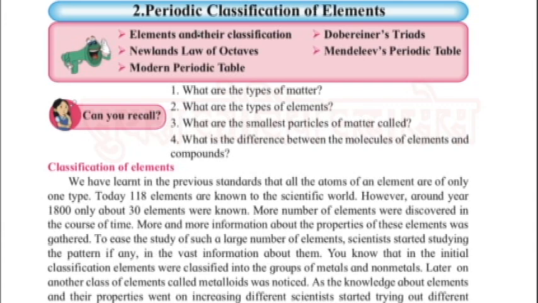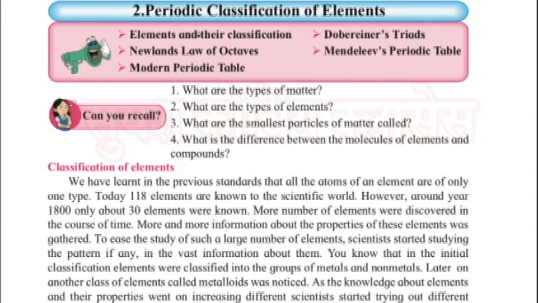Okay, students. What is the smallest particle of matter called? Did you remember? Yes, the smallest particle of matter is called as a atom. And you are aware about the structure of atom. Atom consists of mainly two parts: its nucleus and shell around the nucleus. Okay, so which are the particles present in atom? There are three types of particles present in atom.